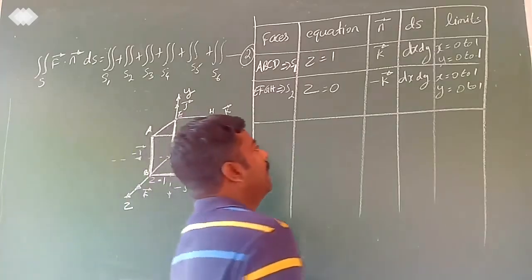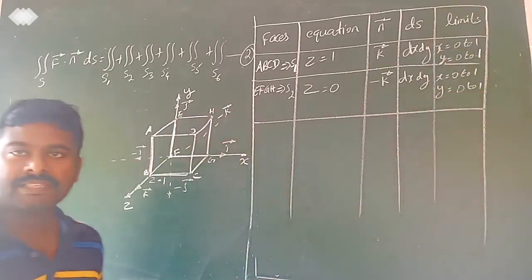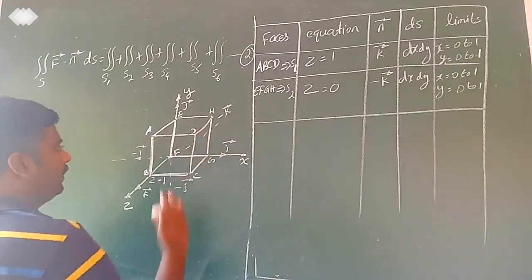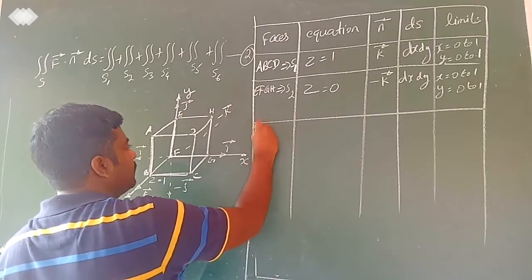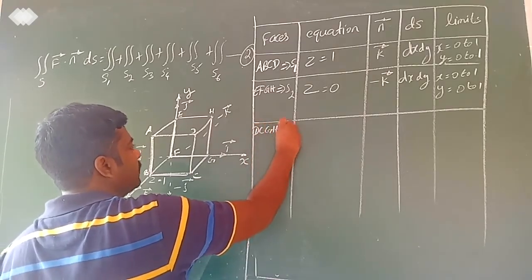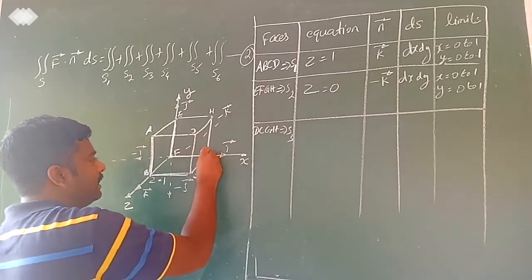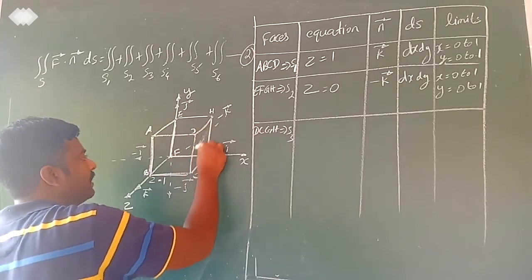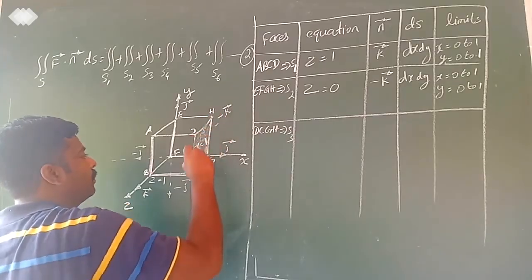Okay, and now we come to the next phase, that is the right hand side phase, DCGH. This is phase S3. Here this phase is at x equal to 1.